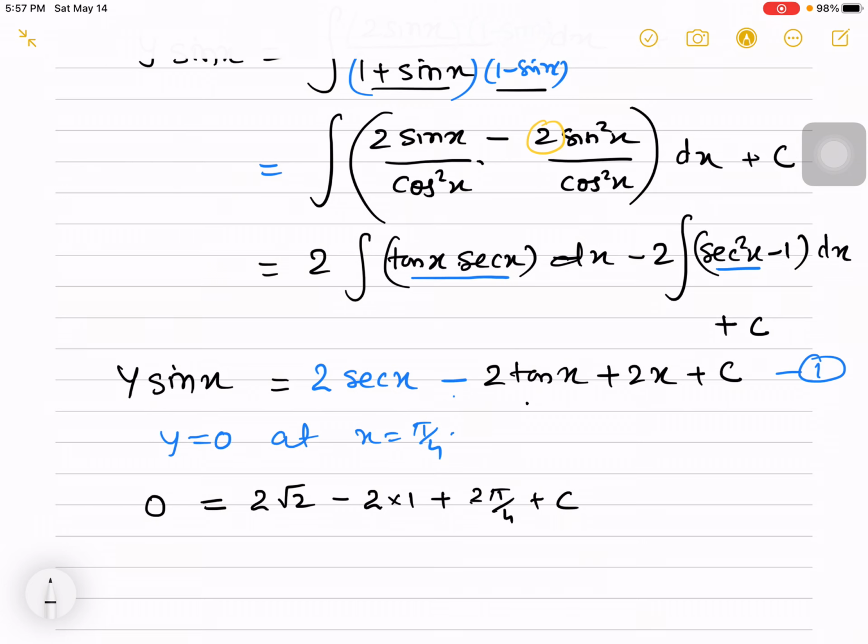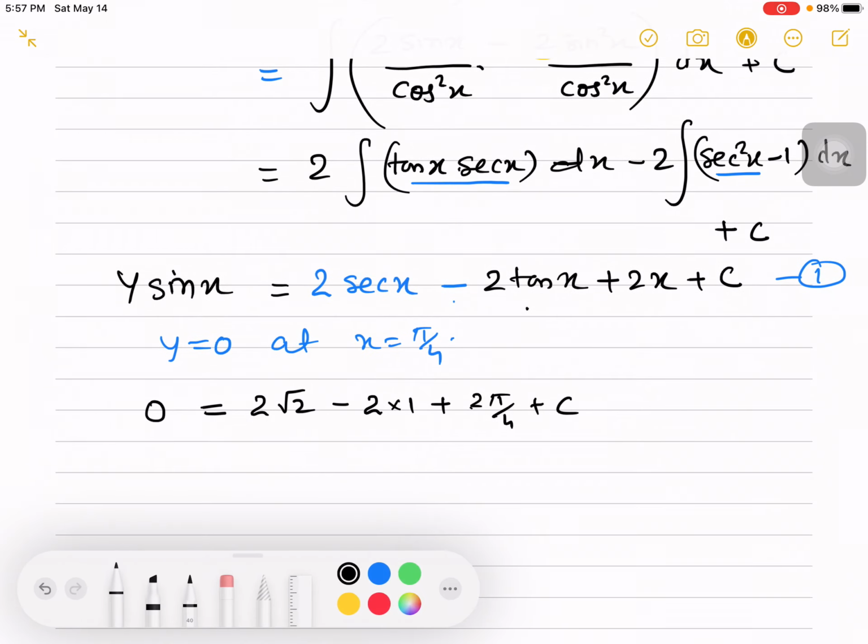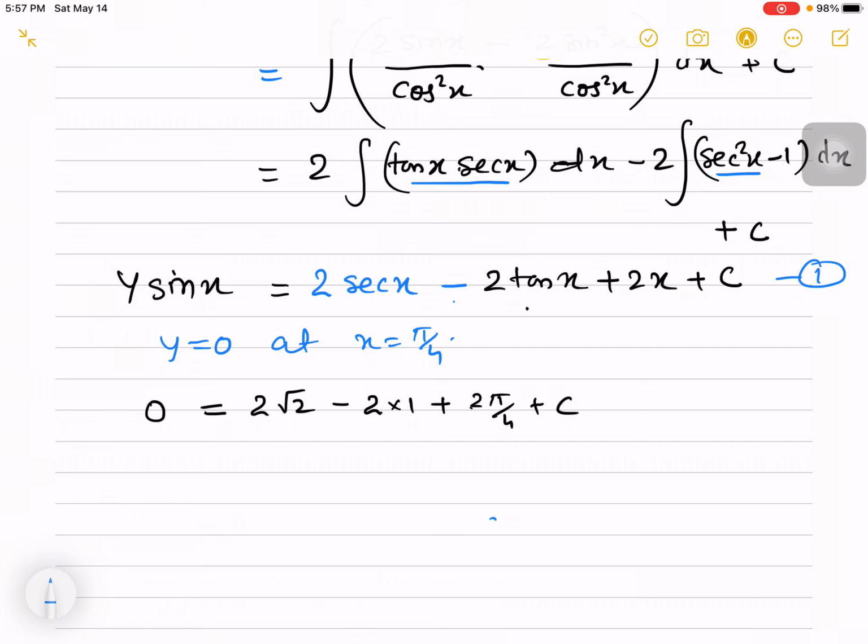So this is the value of constant, which is c is equal to 2 common, 1 minus root 2 minus pi by 4. This is the value of c.